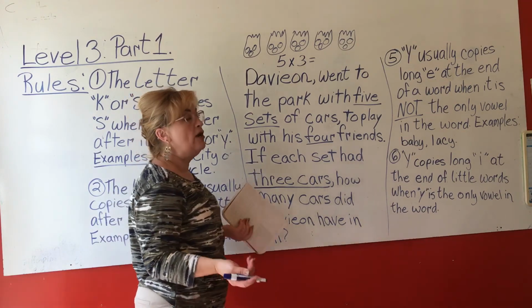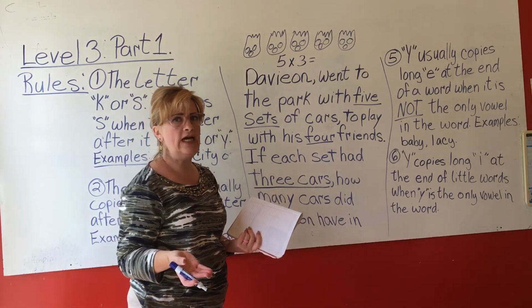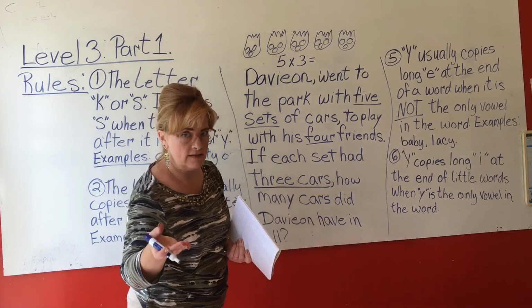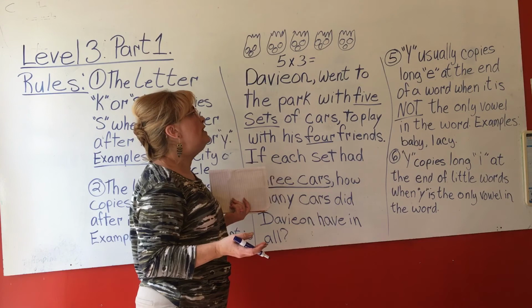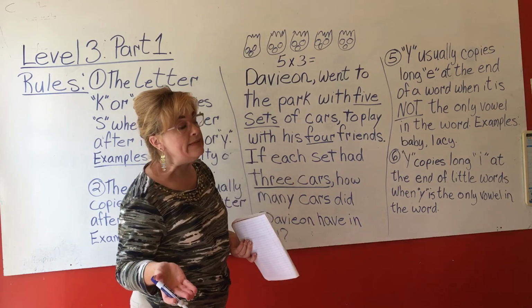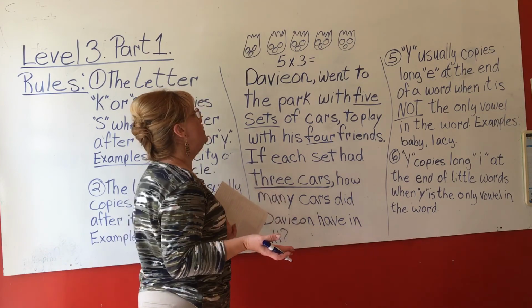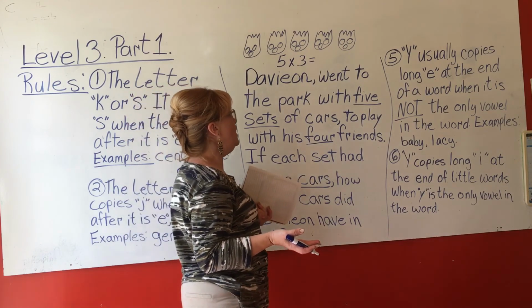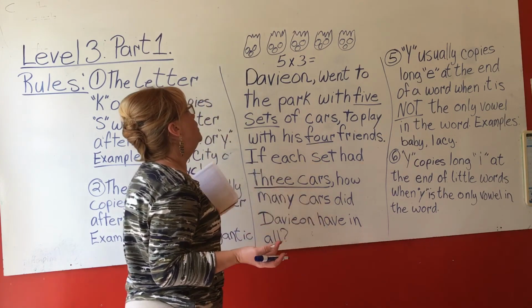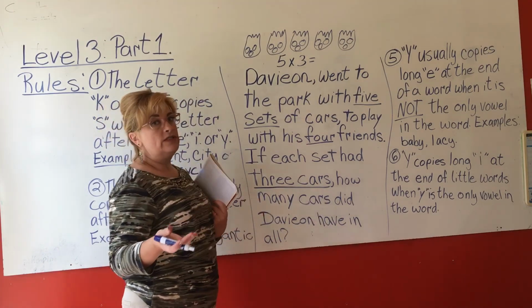So we are going to multiply 5 times 3, because there's 3 cars in each, and there's 5 sets. So what is 5 times 3? You can skip count by 5s if you want to 3 times. 5, 10, 15, very good. Or if you know how to skip count by 3s better than you know how to skip count by 5s, you could do it that way. 3, 6, 9, 12, 15. Okay? Whichever way works best for you.